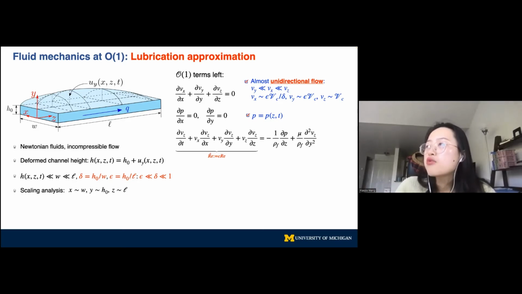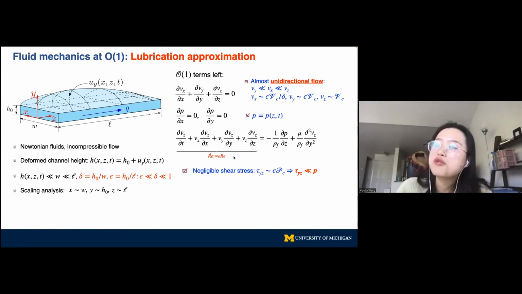If you look at the right-hand side, it has a balance between the pressure gradient and the viscous stress. The balance of these two terms means the shear stress in the flow is much smaller than the flow pressure. Therefore, in our analysis, we view hydrodynamic pressure as the only external loading for the wall deformation. And the left-hand side represents the fluid inertia.